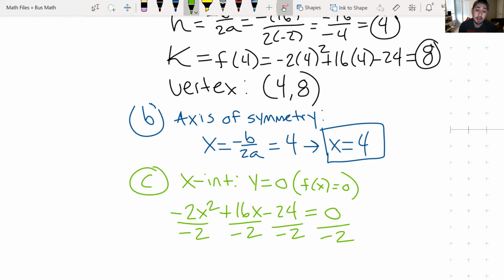I haven't done this before, but it's going to be the same concept as me factoring out the negative 2 and then dividing by negative 2. So why not just divide everything by negative 2 to get rid of it? Same exact process as if I were to factor it out and then divide it. Okay, with that being said, I get x squared minus 8x plus 12 equal to 0.